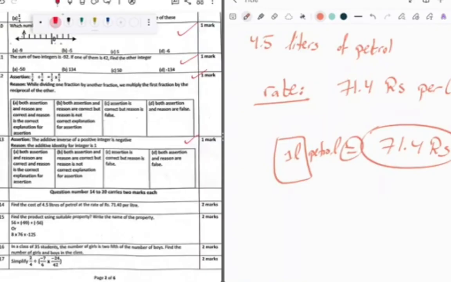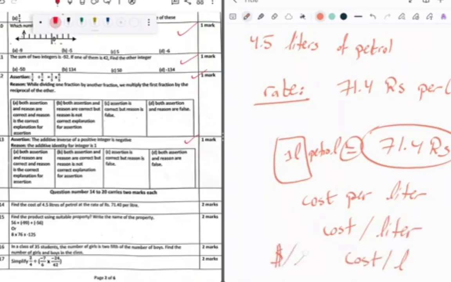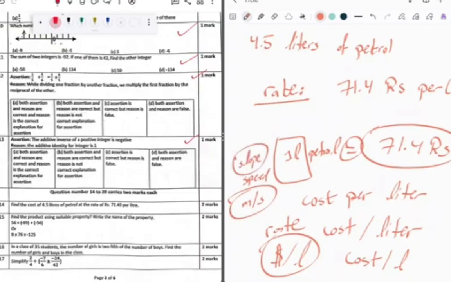So this is the cost per liter. Cost per liter. Dollars per liter. Rate. Meters per second. Speed is a rate, and slope is a rate. Everything, all of these are rates.